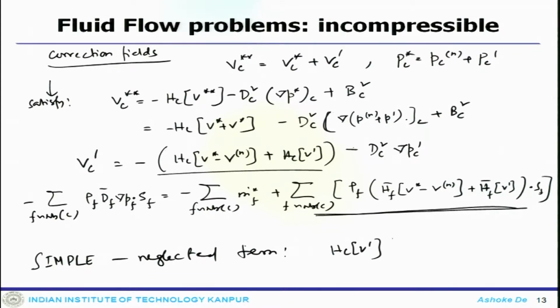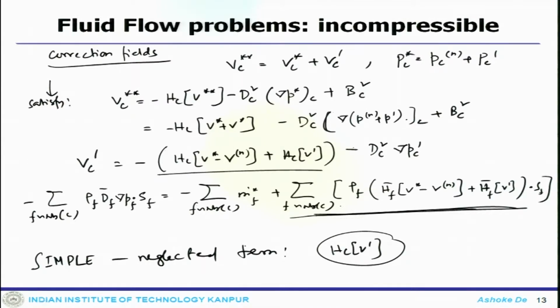This was not that small and can lead to a slower convergence rate, but in this PRIME algorithm this term is quite small compared to that, and neglecting it does not make too much of a difference, and it actually leads to better convergence.